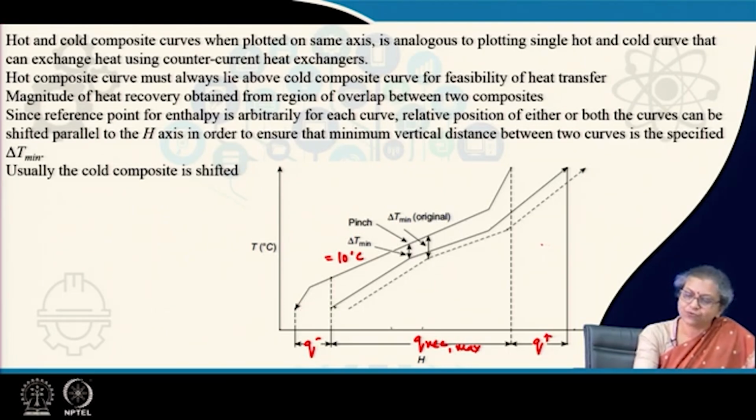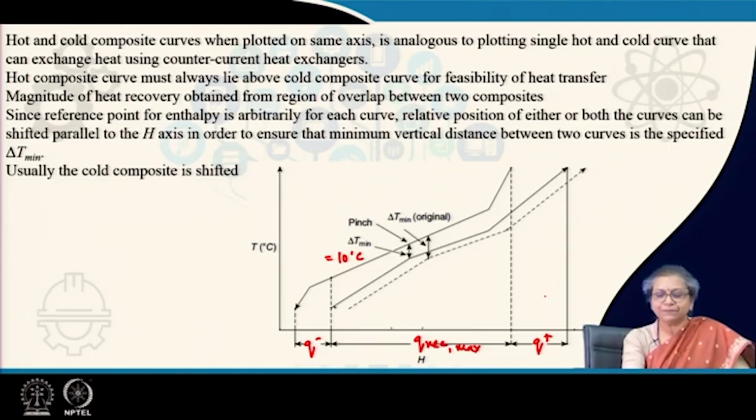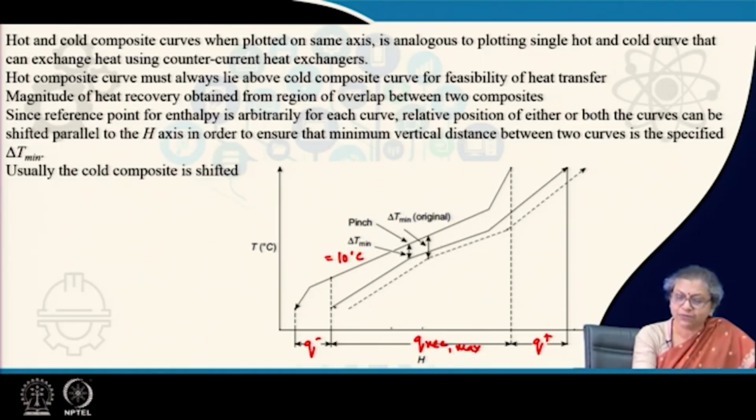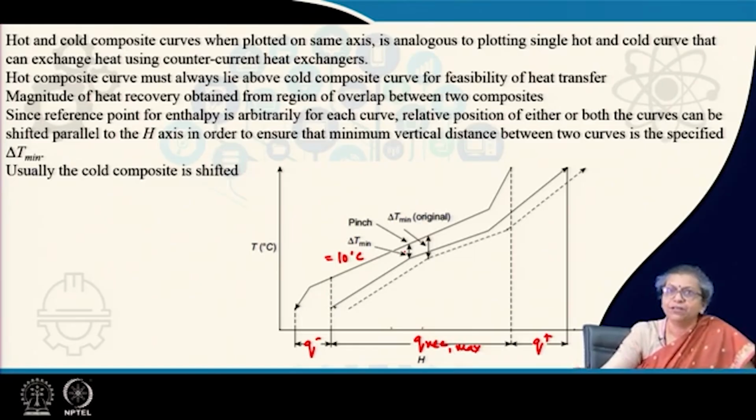So, this is true for both this side as well as for this side. If you are saving on the cold utility, you will be spending more on the hot utility. So, there has to be an optimum beyond which we do not get any additional benefits in decreasing the delta T min. On the other hand, when we start decreasing the delta T min, quite naturally the heat exchanger area increases, so capital cost also increases.